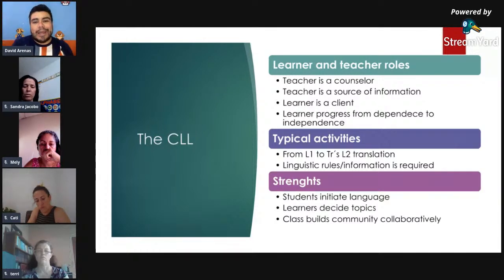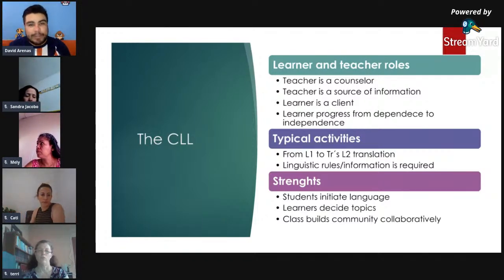CLL and what we do now are extremely related because we need to be experts in many topics. Whatever the students' ideas are, we need to be ready for them, right?